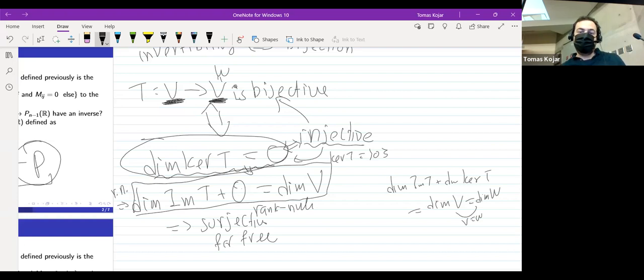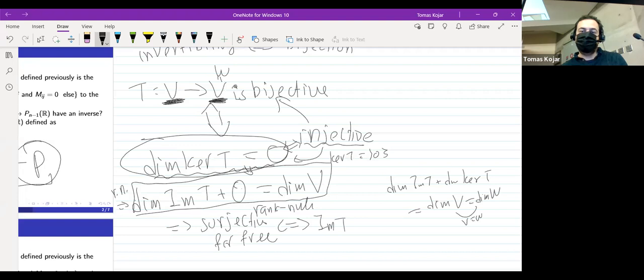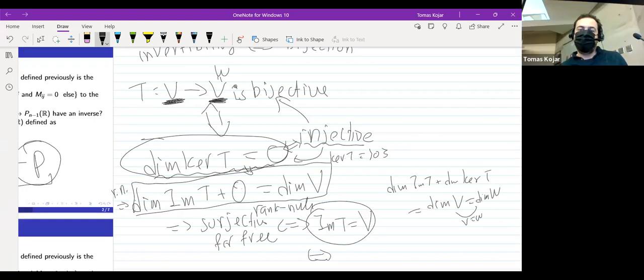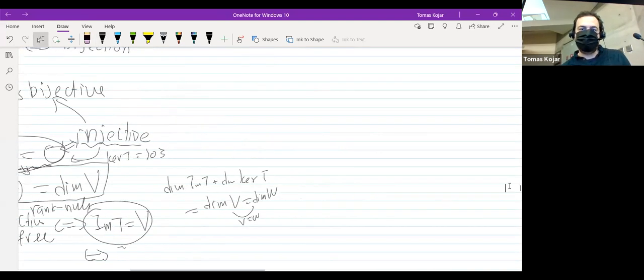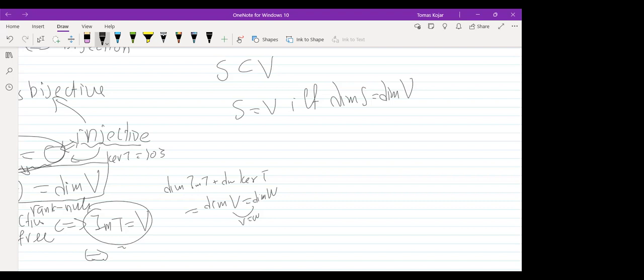Surjective means that the image of T is exactly V, so not just the dimensions but the actual sets. We proved in class the general result: if S is a subset of V, then S is V if and only if the dimension of S is the dimension of V. So the subset part we're already taking for granted.